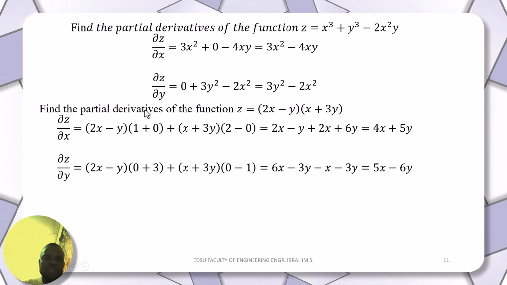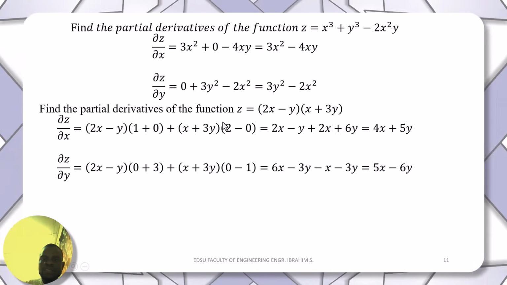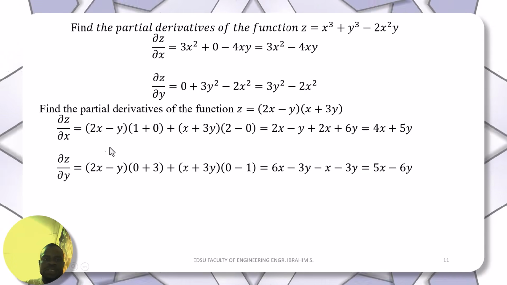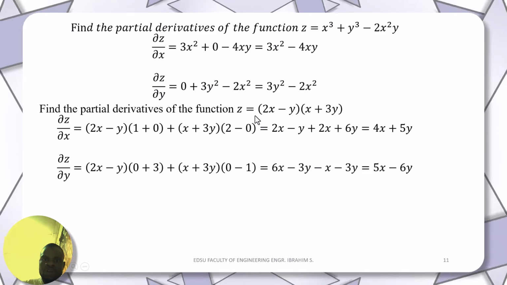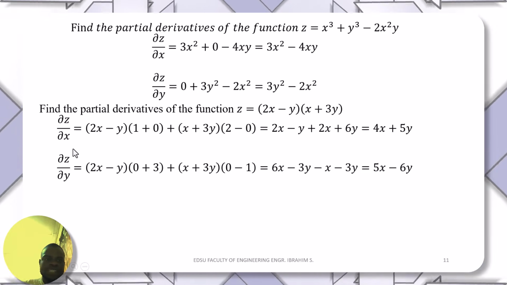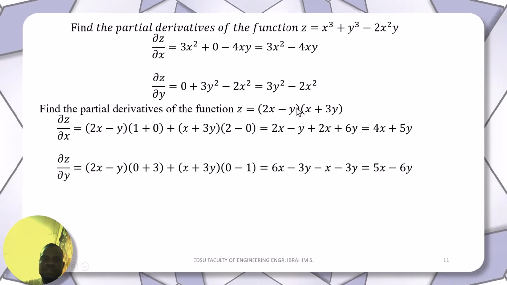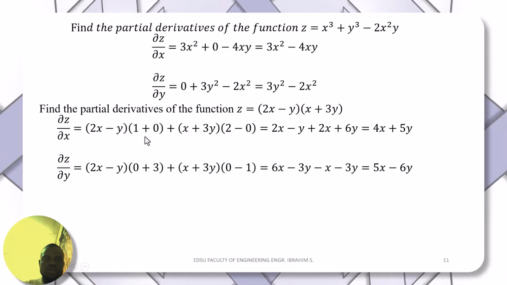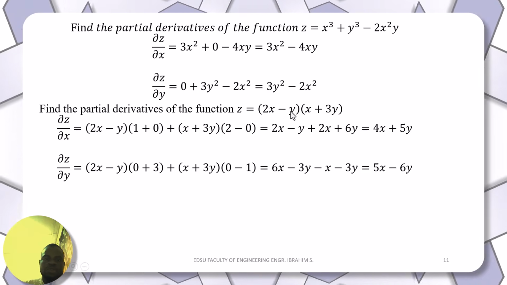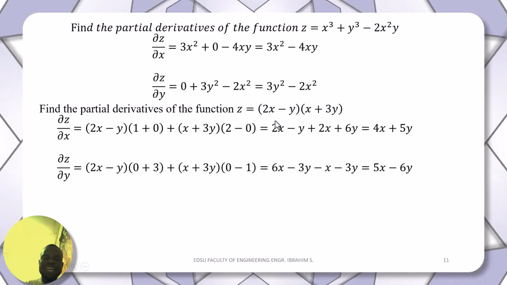Okay, we have another example. We are told to find the partial derivative of the function z, which is this. So let's look for it with respect to x now. Don't forget, this is a product, right? So you have to apply the product rule, but don't forget you are looking for x first.